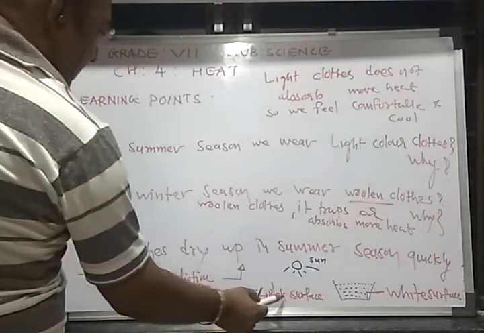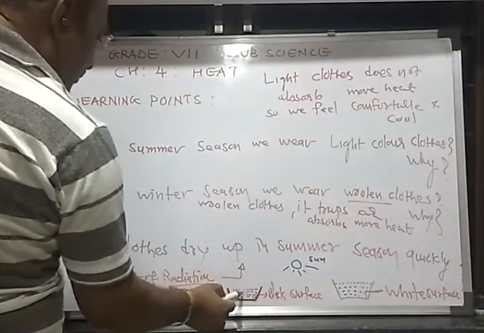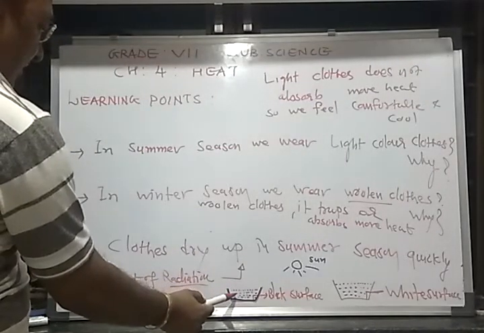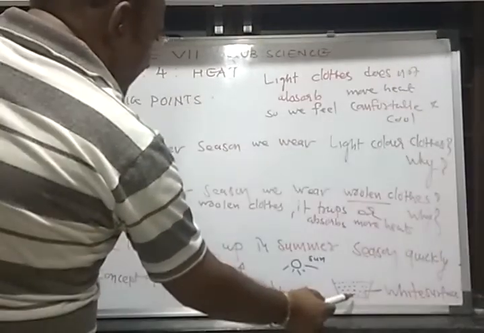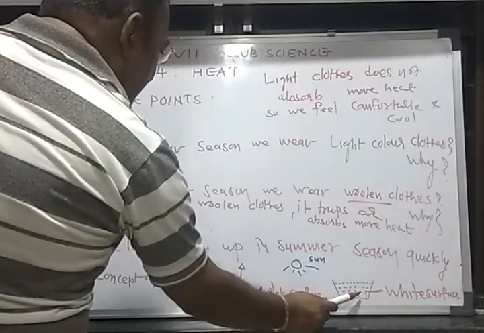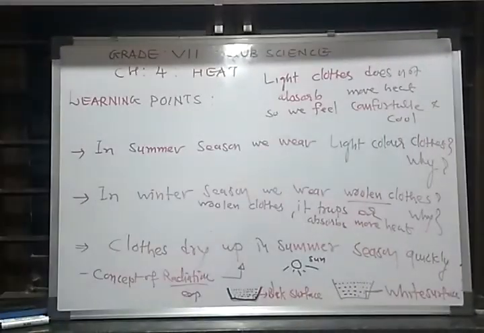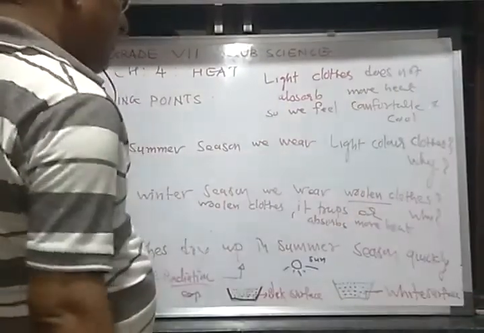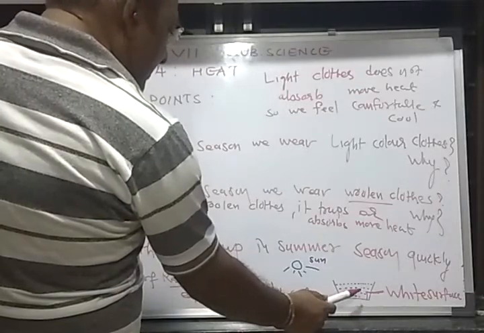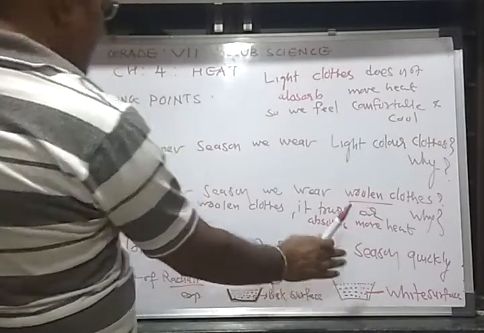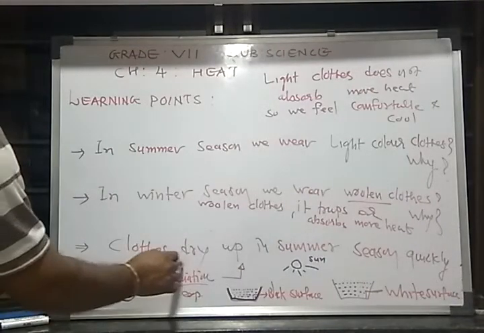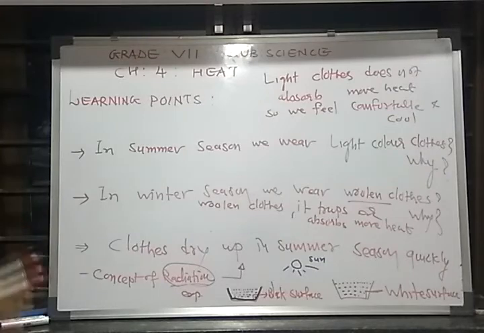The container having a black surface absorbs more heat. So naturally you can say that it heats faster. The container having a white surface absorbs less heat, meaning heat is immediately reflected from that surface. So heat is not absorbed more here, right? That's why here it is heated but very little. Okay. So this is the concept of radiation where a medium is not required.